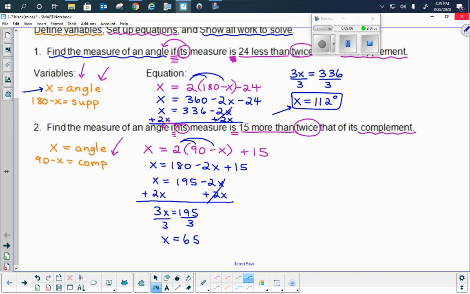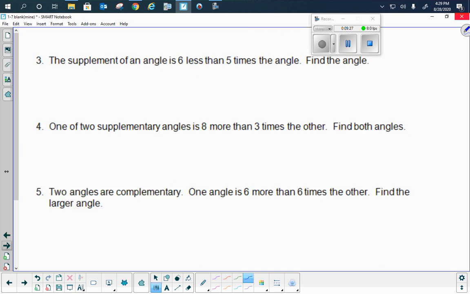Okay. It's when I go back, I read and say, find the measure of an angle. So the question is x that you found the angle? And right there it is defined. It is. And since it's an angle, we need to make it degrees and then box it. We have now answered the question it's asking. Okay. All right, next one.